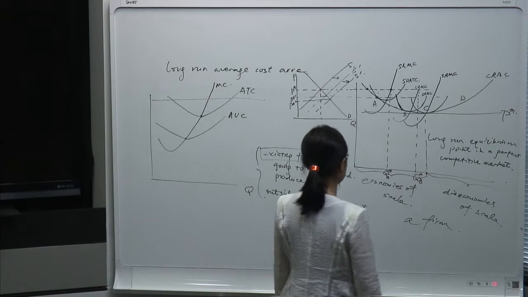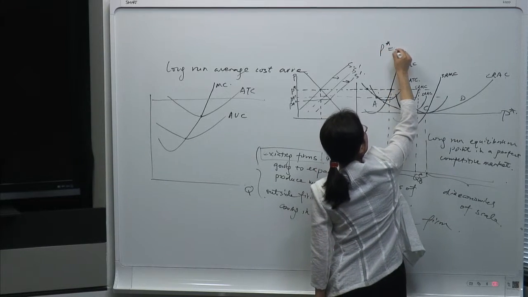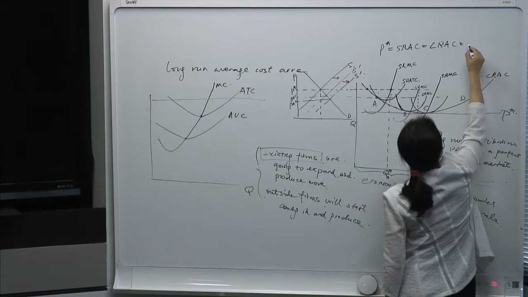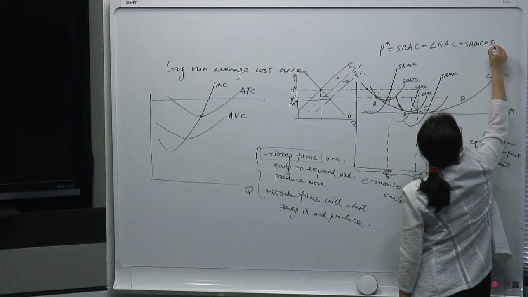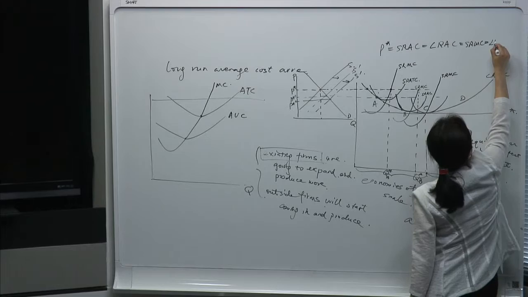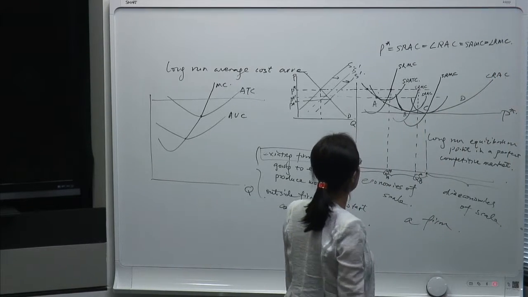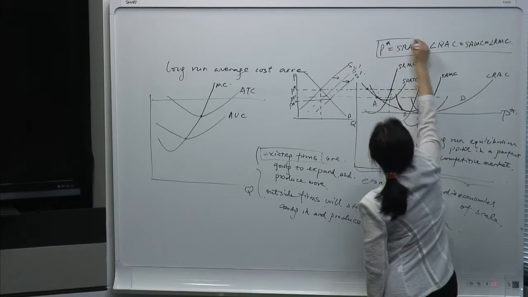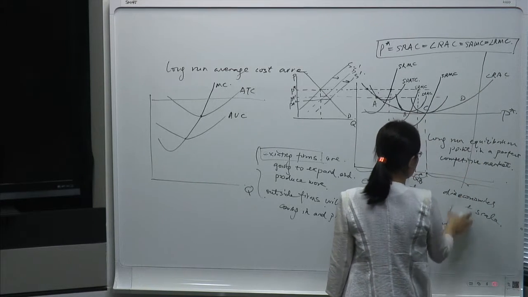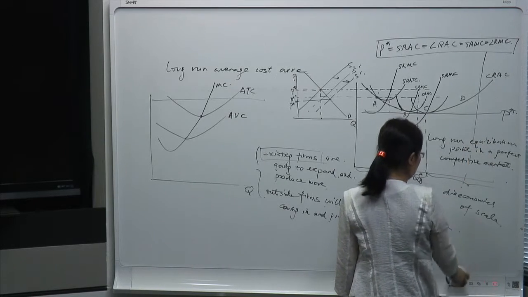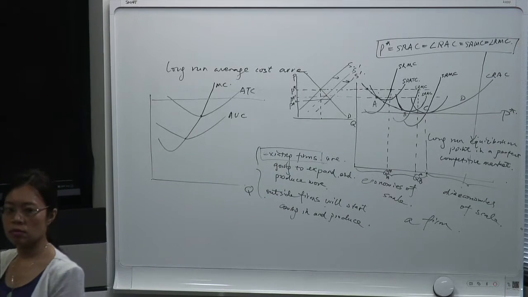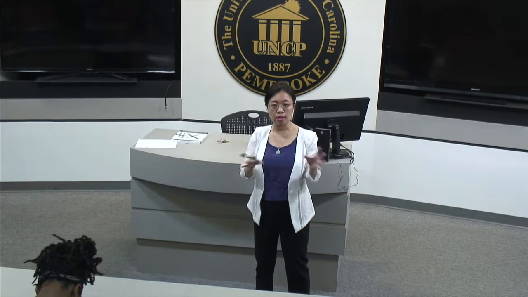And if we use a formula to represent it, this is what we call the dynamic movement.